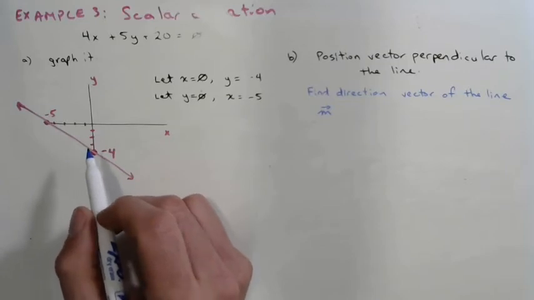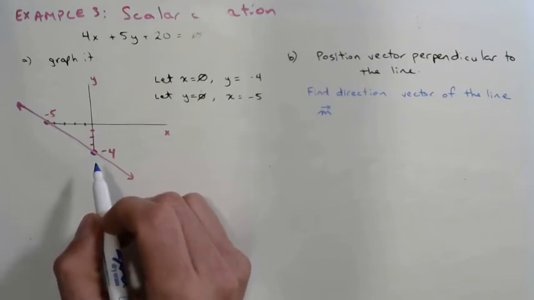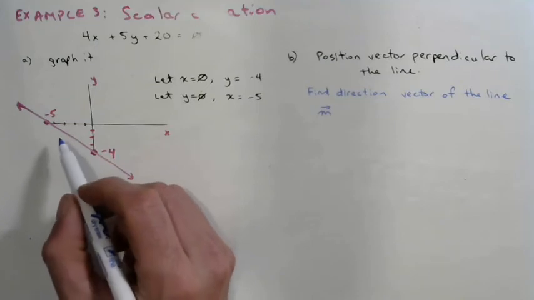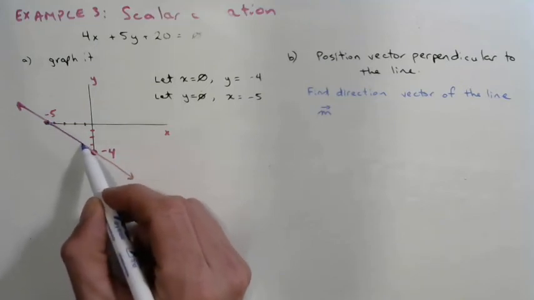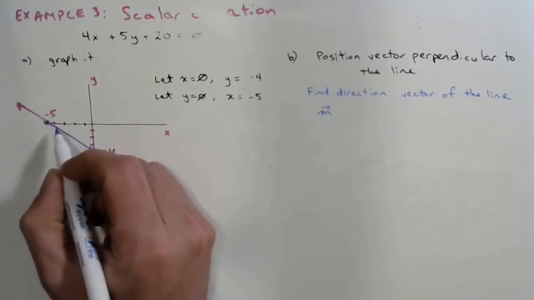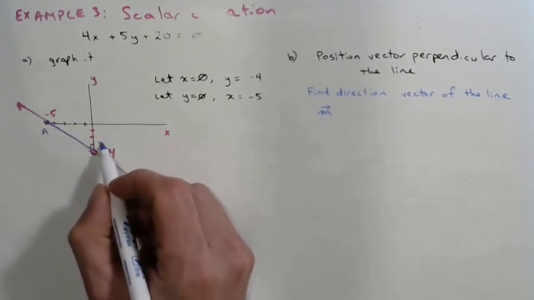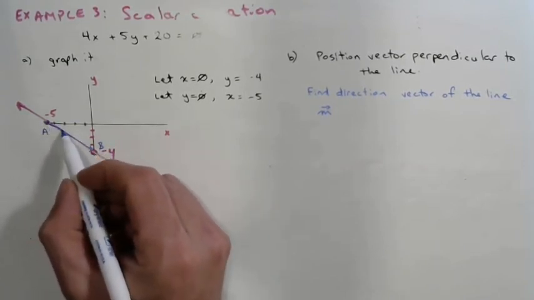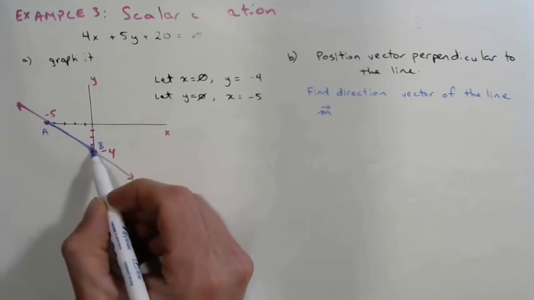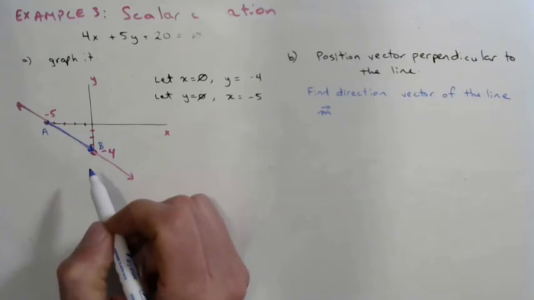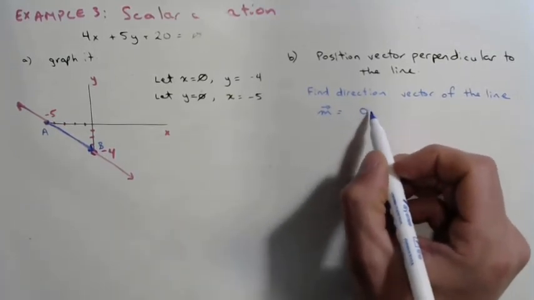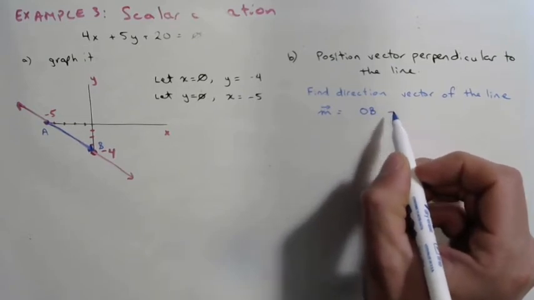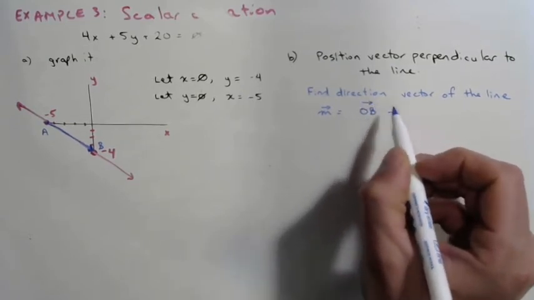But what we're going to do then is take the difference between them. We're going to be working from left to right here. So this is going to be A and this is going to be B. And we're going to find the direction of this vector right here. Just as it was before, we're going to get OB minus OA. These are vectors.